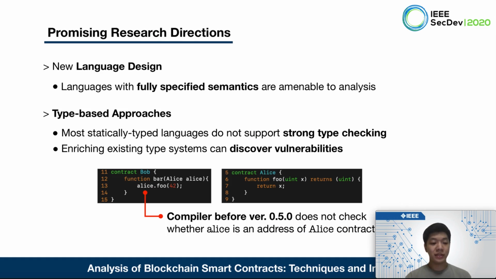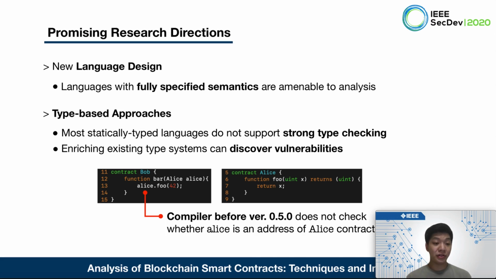The first promising research direction is to design new languages. As discussed in previous slides, languages that provide fully specified semantics would contribute to more precise analysis. Also, although most languages are statically typed, they do not conduct strong type checking. In the example code, the bar function does not check the actual type of its argument.